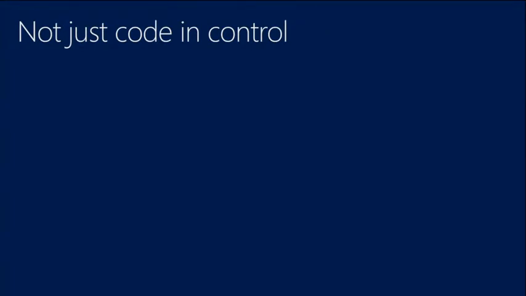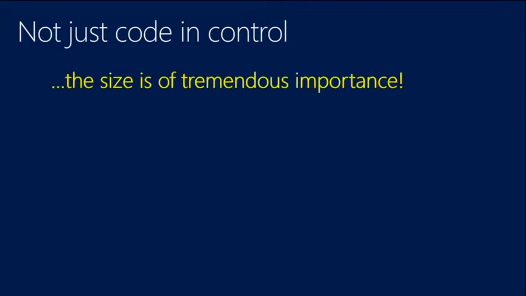I said that if we have a code base that is in control and in great shape, we are able to create lots of business value. But it's not just about that. I also think actually that the size is of tremendous importance. Because the size drives cost.